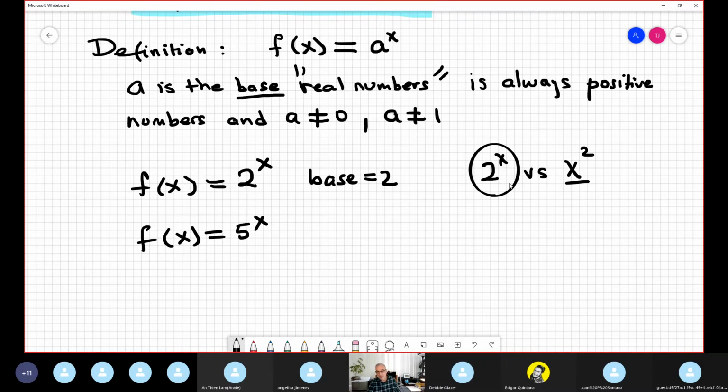In this case, it's completely different. The exponent is constant and the base is the variable. Do you see the difference? Exponential increases super fast, right? For example, do you understand that a pandemic propagates exponentially?